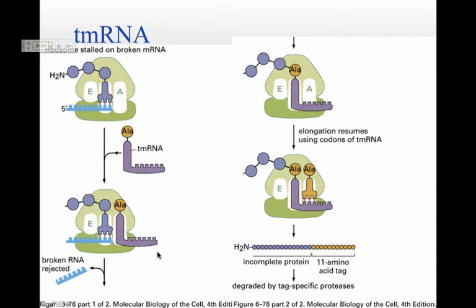That amino acid then gets bound through normal peptide bond interactions here to the growing polypeptide chain, but now instead of whatever this RNA used to code for over here, now normal translation is going to translate what's present here in this tmRNA coding sequence.